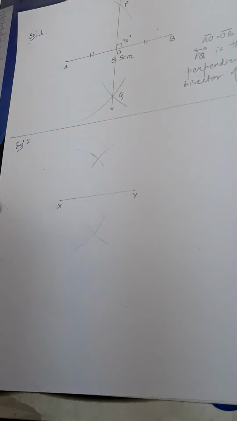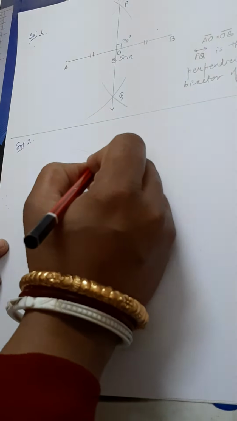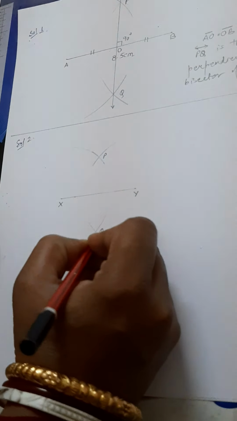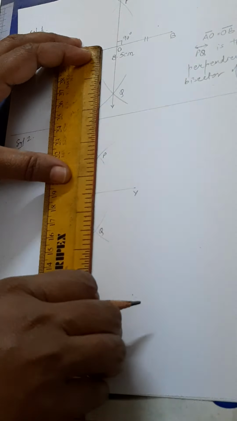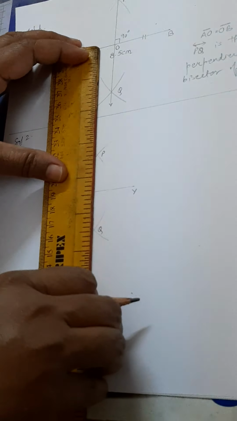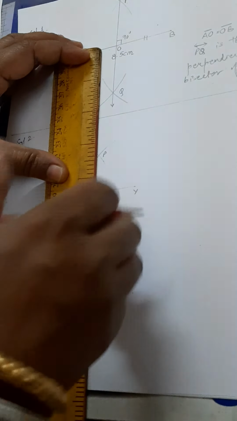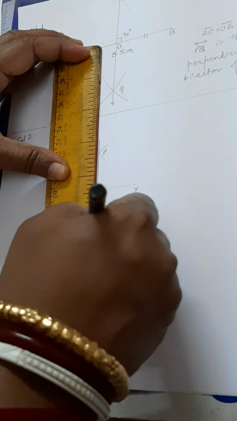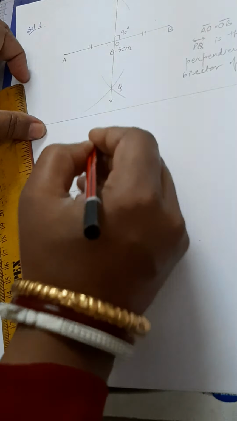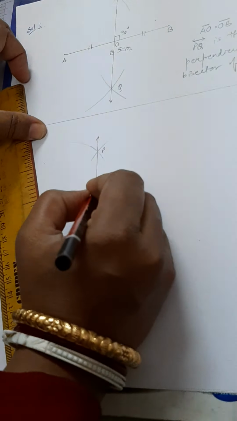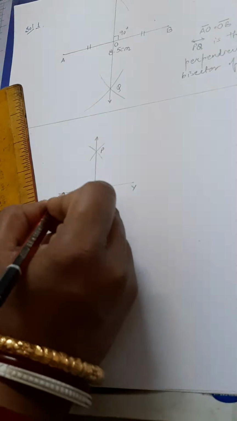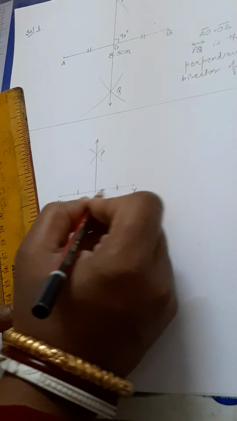So I got, let us say, this is P and Q. Let me join these two points. Let it be C. So we will say XC is equal to CY.